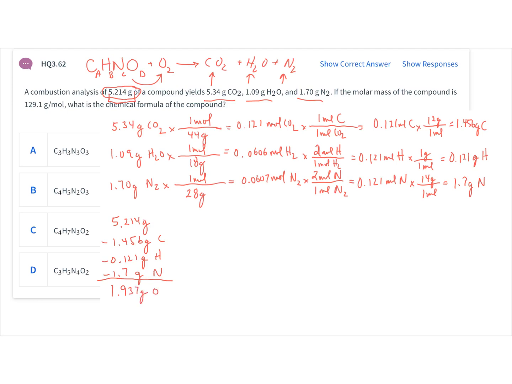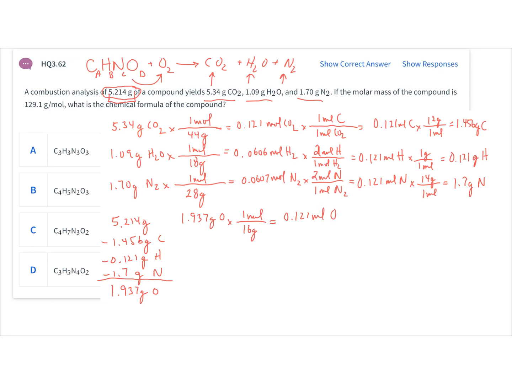Now I can find the moles of oxygen and get to work at finding the mole ratio. 1.937 grams of oxygen at 16 grams per mole, and I see that I also have 0.121 moles of oxygen.